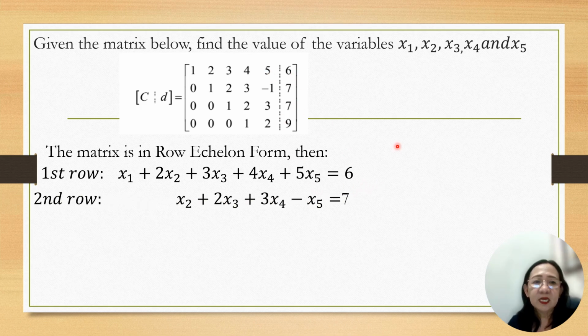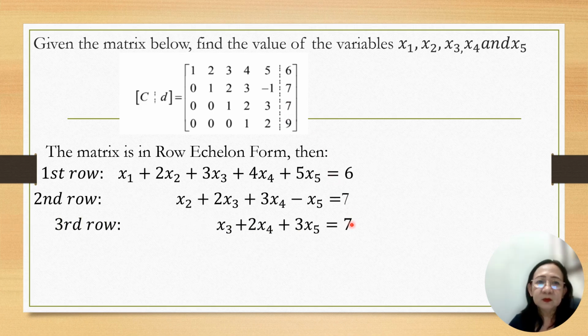Wherein, in the second row, we arrive at 0x sub 1. So we will start at x sub 2 plus 2x sub 3 plus 3x sub 4 minus x sub 5 is equal to 7. And the third row gives us 0 for x sub 1 and x sub 2.